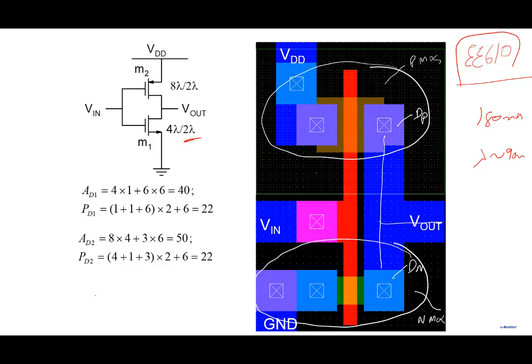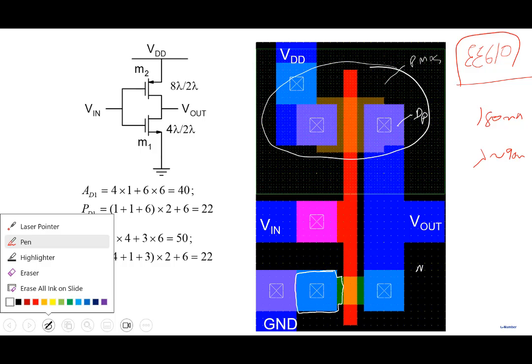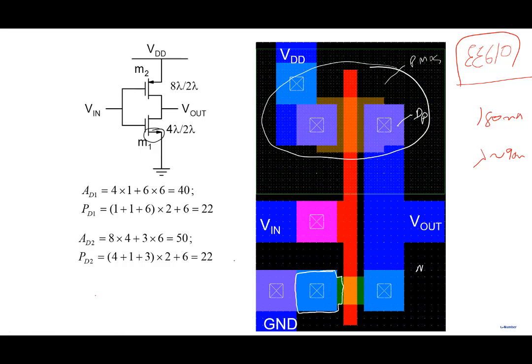So you have to do a layout, and in layout, note what we are doing. I will not go into the details of this. This whole thing that you see here is your source.